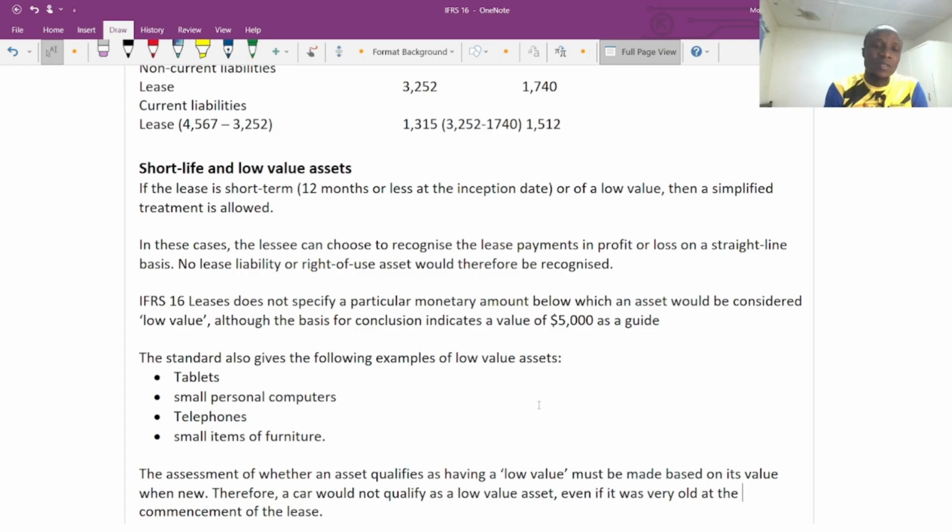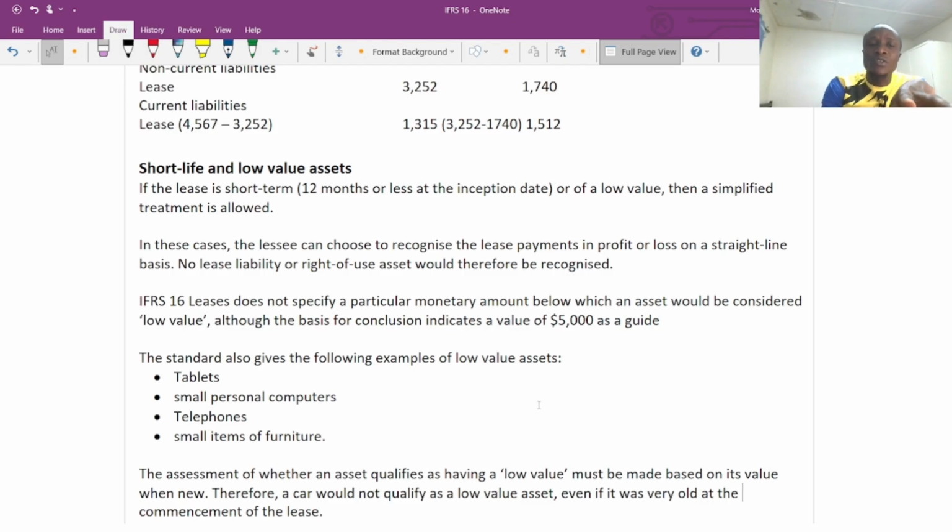Instead, we are going to spread it out on a straight line basis in the statement of profit or loss, instead of recognizing an asset and a liability. We are not going to recognize assets and we are not going to recognize liability. Instead, we are going to spread it on a straight line basis in the statement of profit or loss.